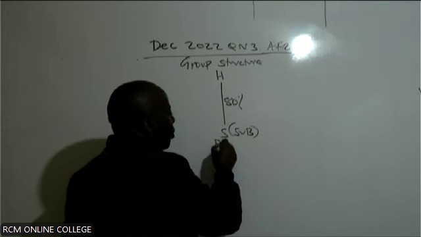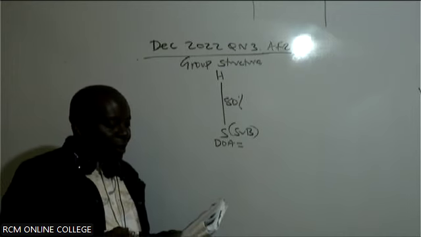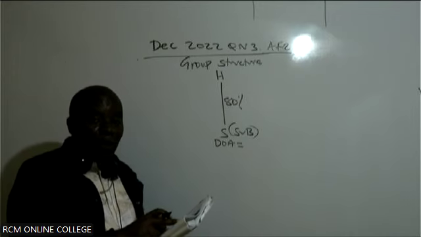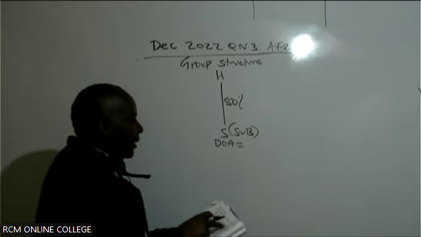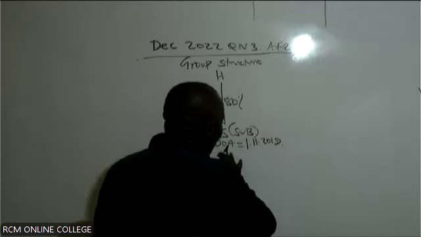So I'll be interested in knowing the date of acquisition. So the date of acquisition, you're told, it was acquired on 1st November 2019. That is the date of acquisition.